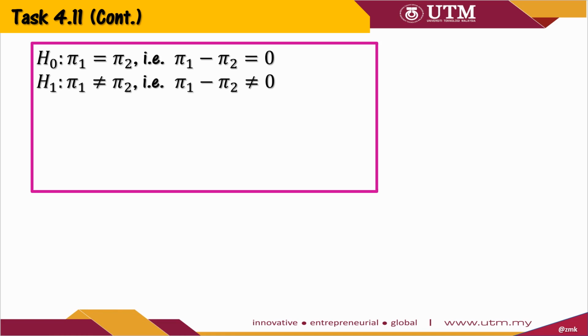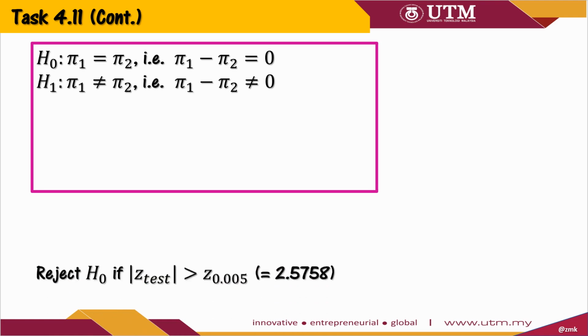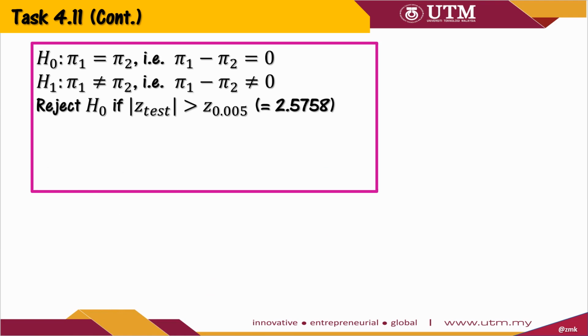Since we have a two-sided alternative hypothesis test, the rejection or decision rule is then reject H0 if the modulus of z-test is greater than z alpha over 2, which is z 0.005, given by 2.5758. How are we going to define the z-test?